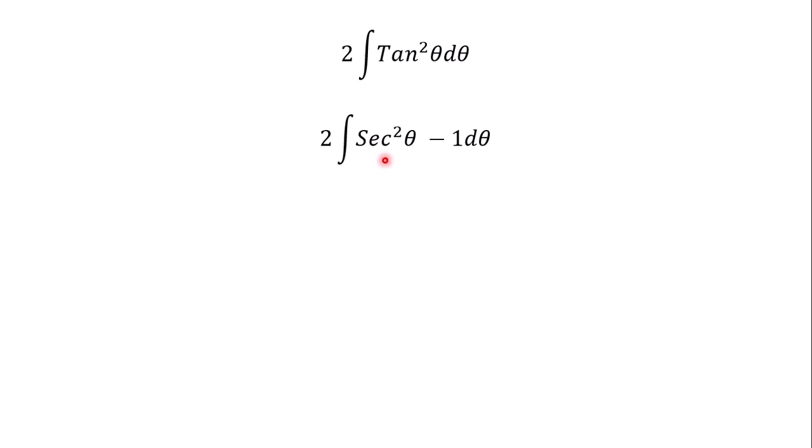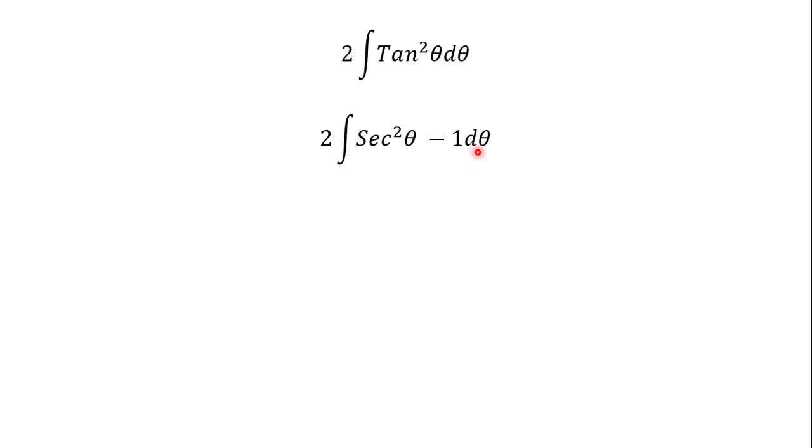Okay, so let's integrate. This one will just give us tan theta, and this one also I've already done a video on, a proof of why the integral of 1 is equal to theta, or equal to x, or equal to any variable at all, provided the derivative of that variable is what's known.